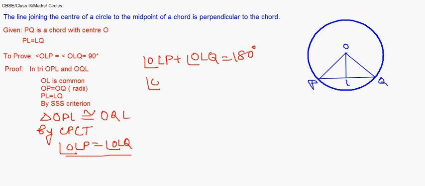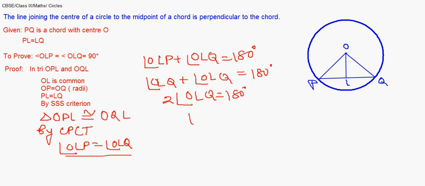So the equation becomes OLQ plus OLQ is equal to 180 degree. So twice of angle OLQ is 180. So angle OLQ is 180 upon 2, that's 90. So each of them becomes 90, thereby making OL perpendicular to PQ.